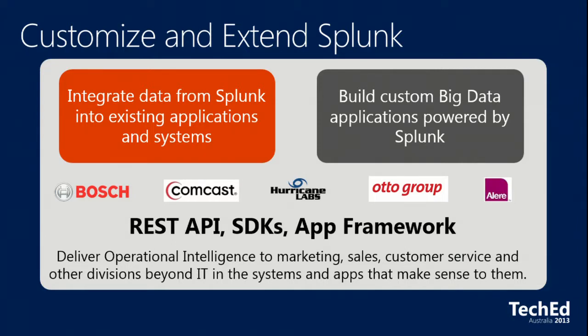Comcast is a cable provider, again, in the US. Unfortunately I'm from the US, so I get plenty of examples from the US. They produce a DVR, a digital video recorder box. And so they want to know, number one, when it breaks. Number two, when someone calls in, what have they been doing? But number three, what have people been watching?